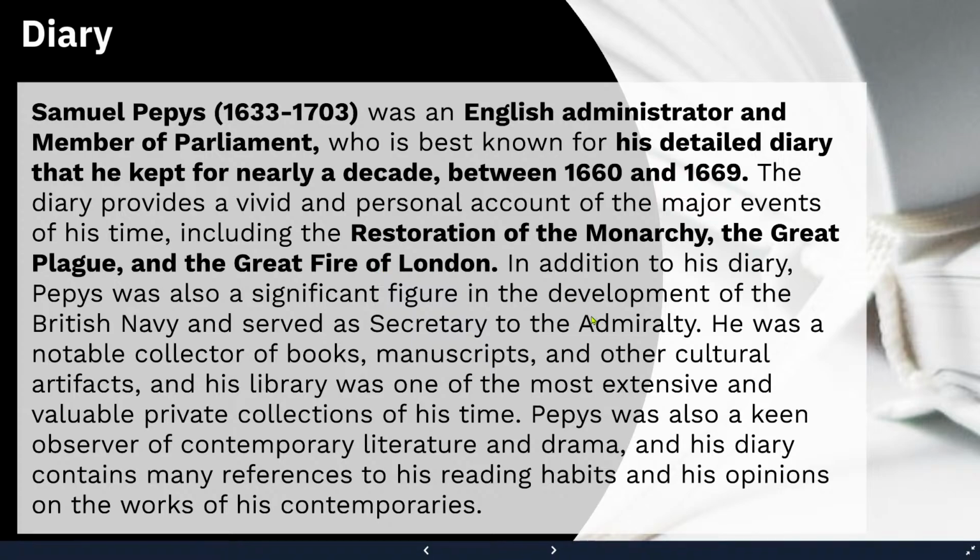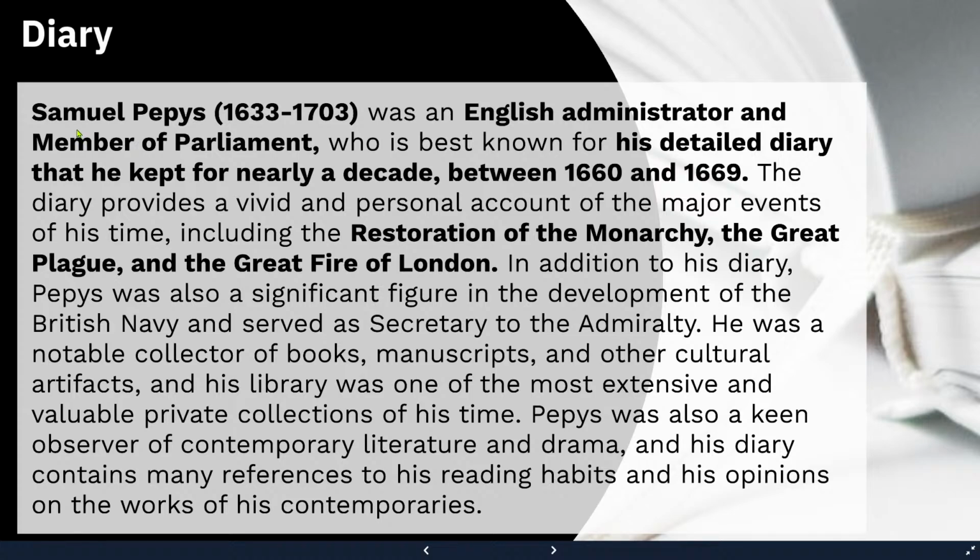And we have a little more explanation about it. Pepys was also a significant figure in the development of the British Navy and served as secretary to the Admiralty. He was a notable collector of books, manuscripts, and other cultural artifacts, and his library was one of the most extensive and valuable.